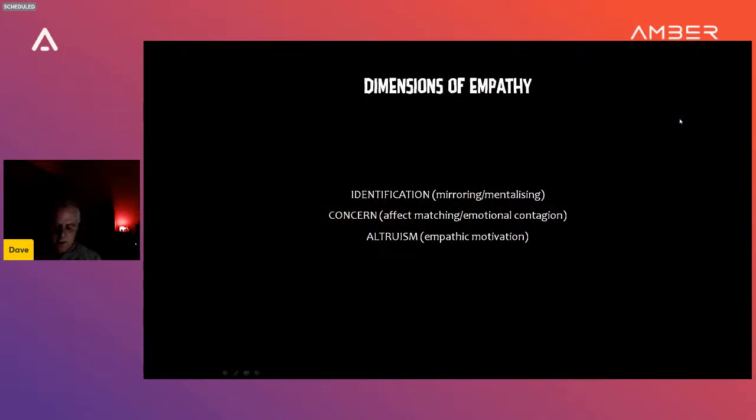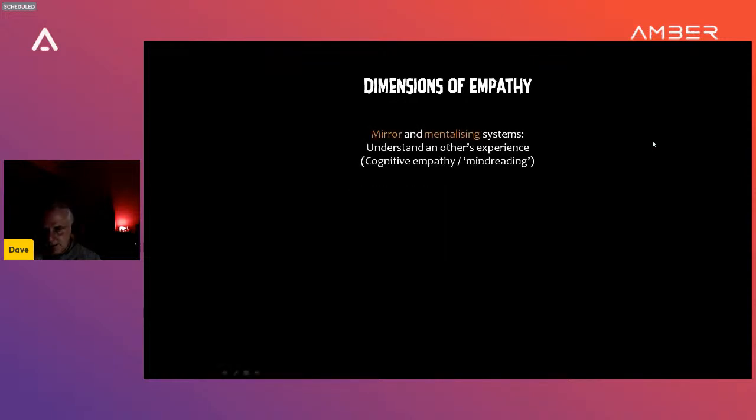Okay, so identification, concern, and that sort of altruism and compassion. And these are actually, as it happens, the processes that happen within us during empathy. We'll go through them one by one really briefly, won't go too in depth. But this is how empathy works. We have these dual systems in the brain, the mirror neuron system and the mentalizing system.